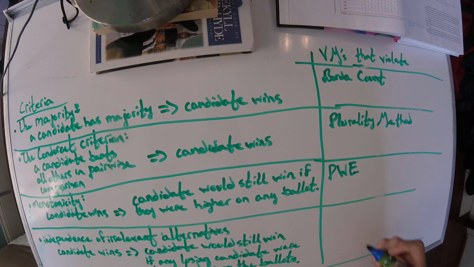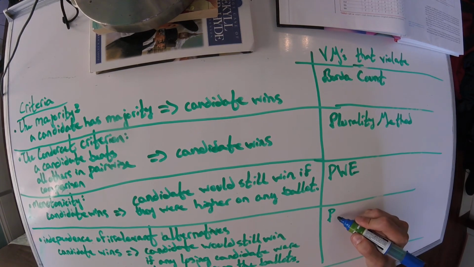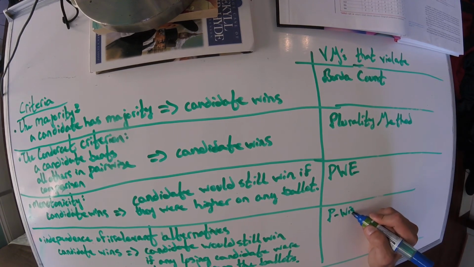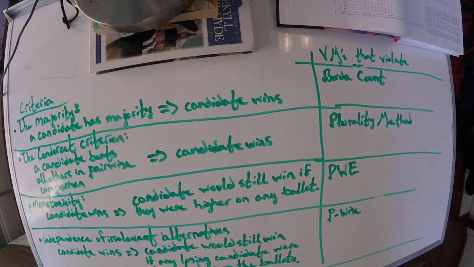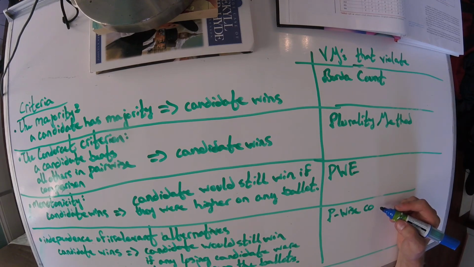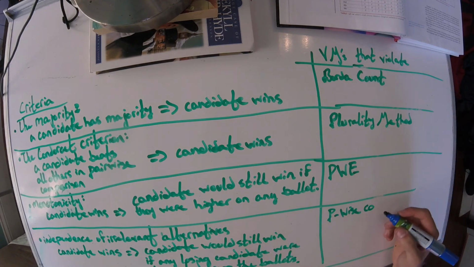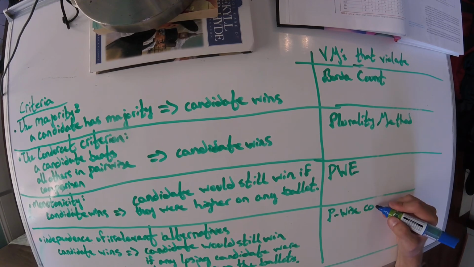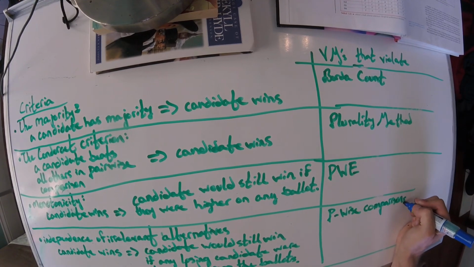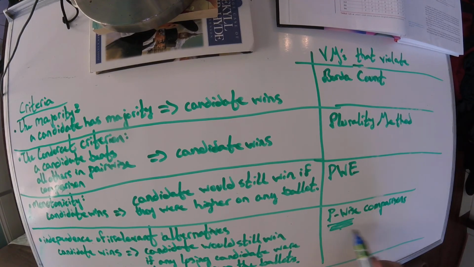And pairwise comparisons violates the IIA criterion, the independence of irrelevant alternatives. So I wrote p-wise here. I'm talking about pairwise, not Pennywise the dancing clown.